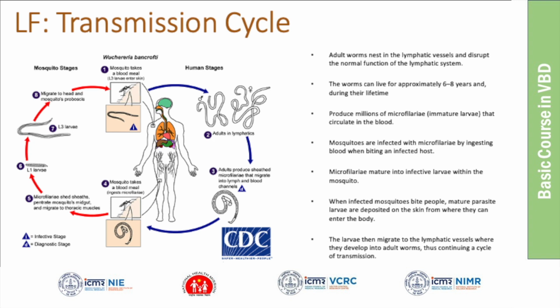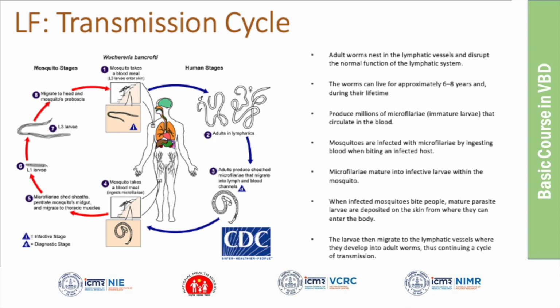The worms can live for about 6 to 8 years. They produce billions of tiny worms called microfilariae that circulate in the blood. And mosquitoes, when they feed, take the microfilariae along with the blood when they bite an infected individual.